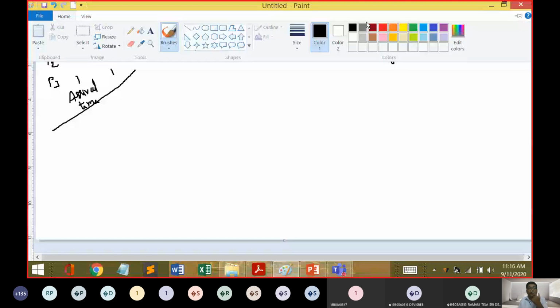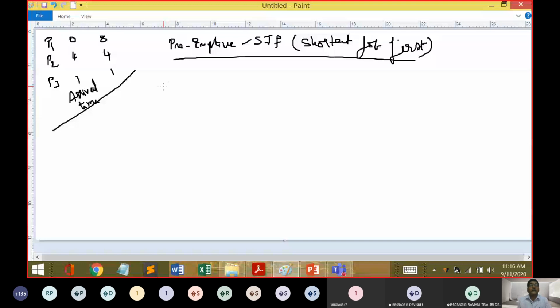You can start working along with me parallelly. So first we have to build the Gantt chart. In this Gantt chart, P1 arrival time is 0. That is important. So at the 0th interval, P1 doesn't have any competition.